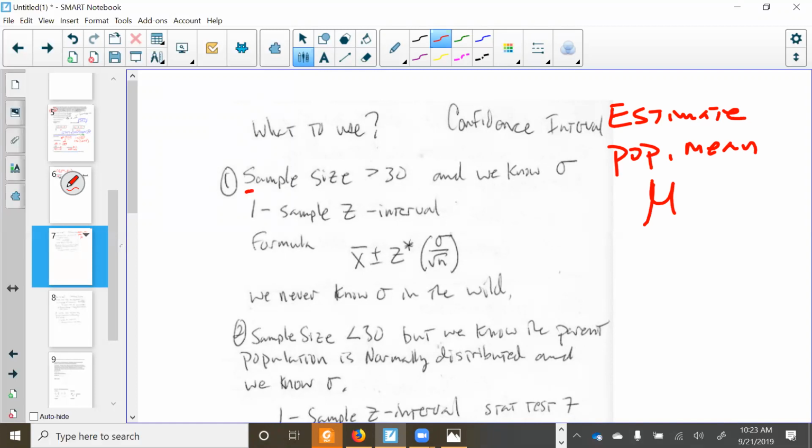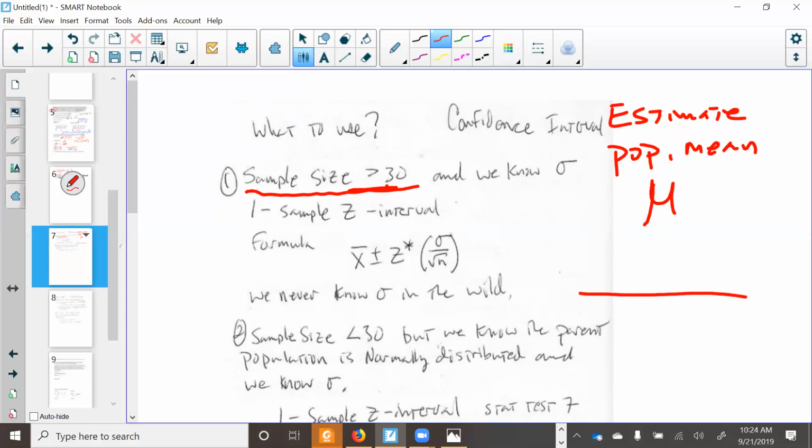Well, what happens with the central limit theorem, and you kind of saw this in some of those other videos, is that as long as your sample size is bigger than 30, that's the sweet spot. Our sampling distribution will be normal.